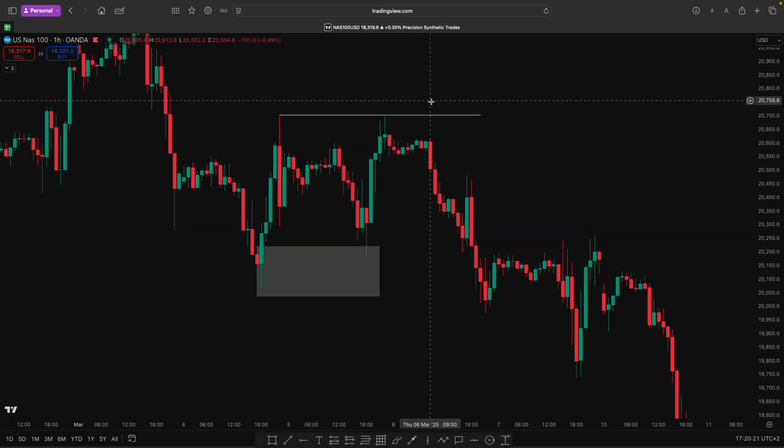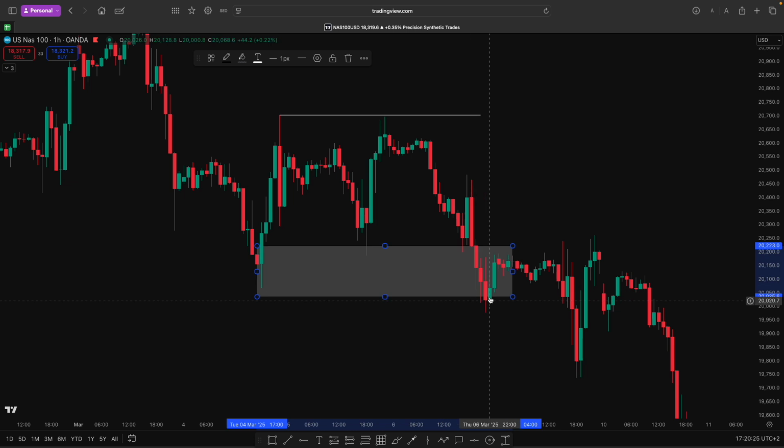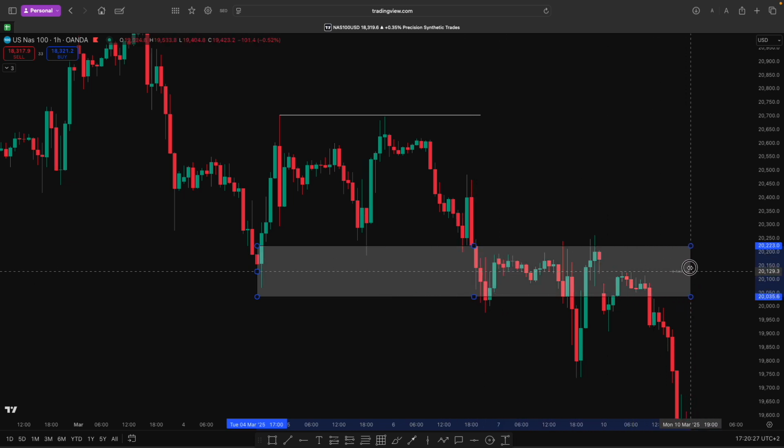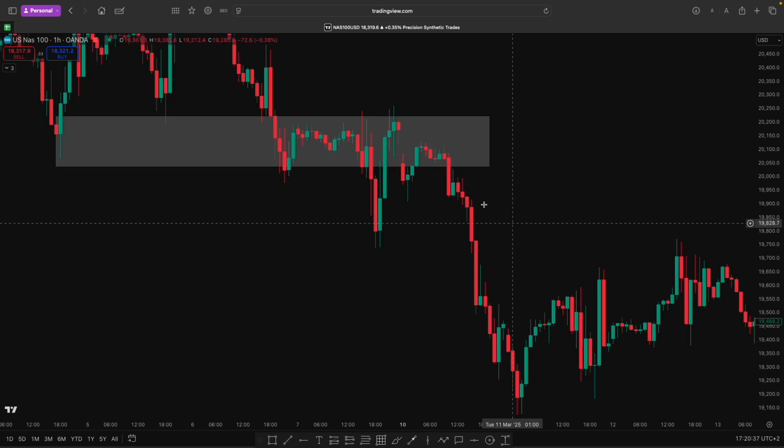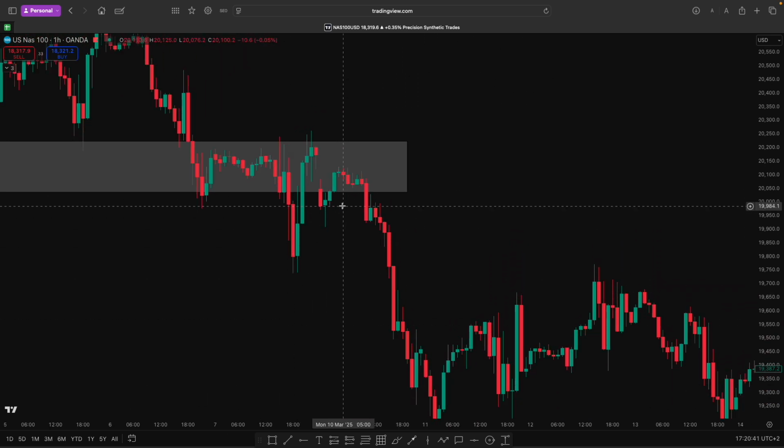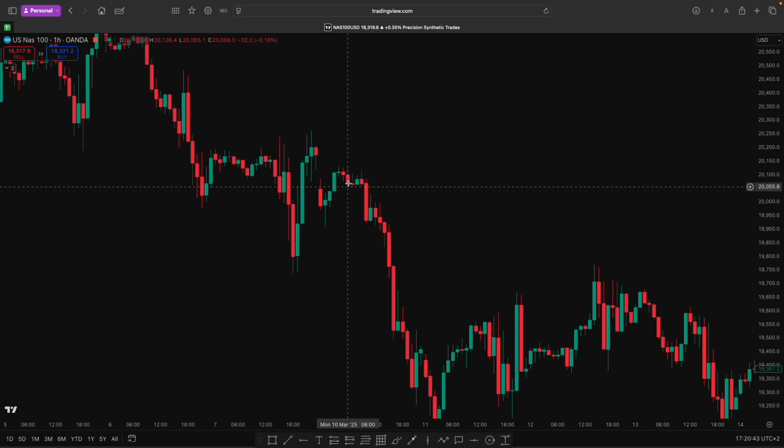And then what happens? Price comes back. It disrespects this order block right over here, and it becomes a breaker block zone. As you can see, price broke through, played around a little bit, consolidated inside of this zone, and then again we broke through. Exactly here. If you don't look at market structure, you will see here liquidity has been swept.